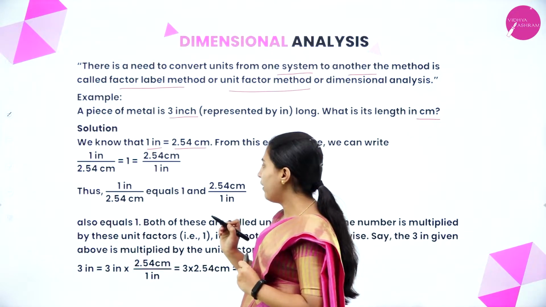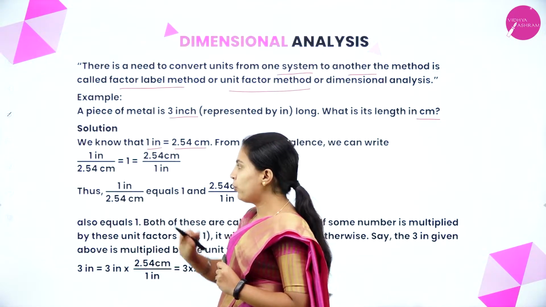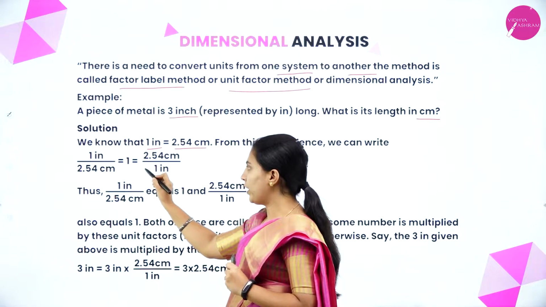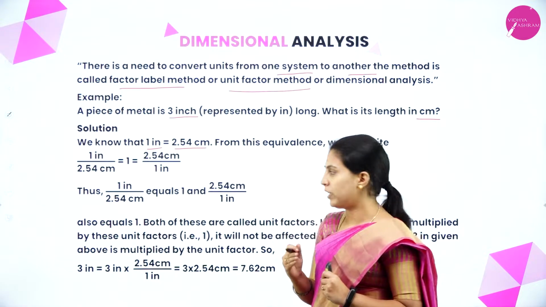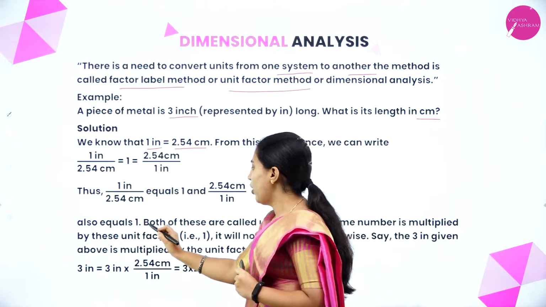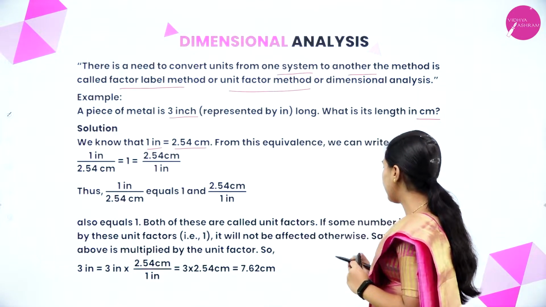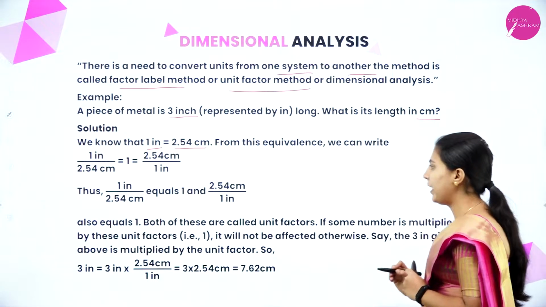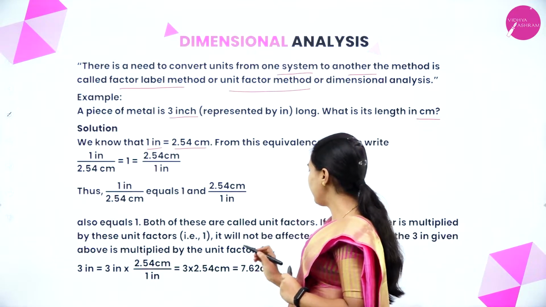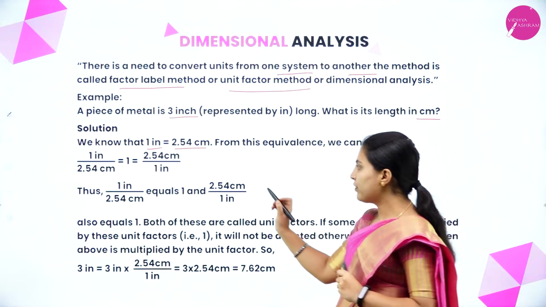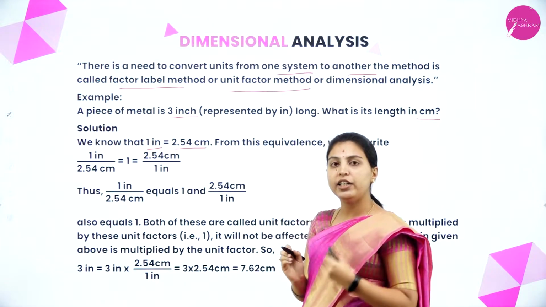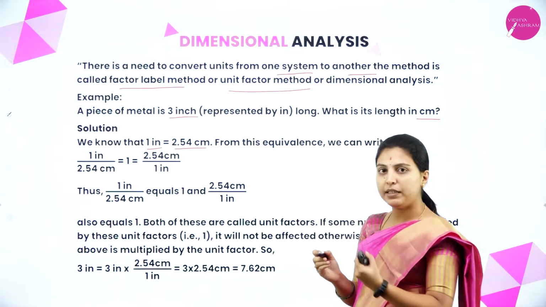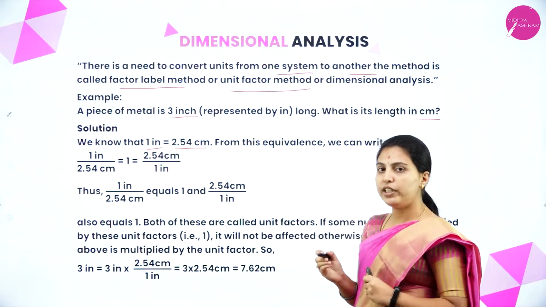Then what do we have to do? 1 inch by 2.54 centimeters means 1, so you take it as a fraction with a denominator. Both of these are called unit factors. If some number is multiplied by these unit factors, it will not be affected. First we have expressed centimeters as equivalent to 1 inch. Later you multiply by that unit factor.